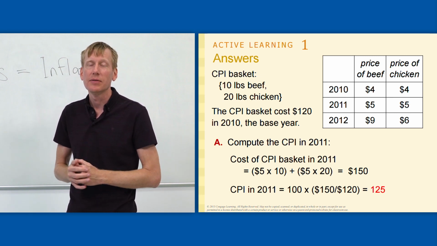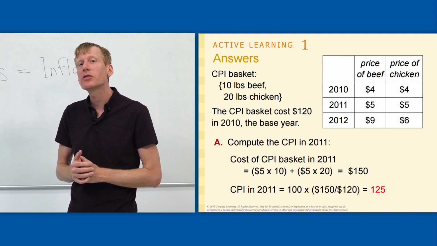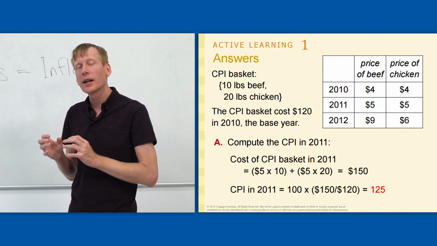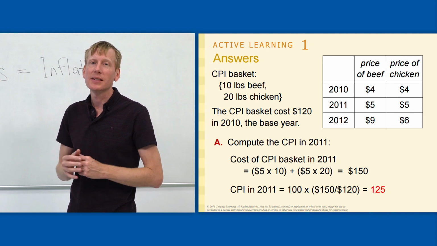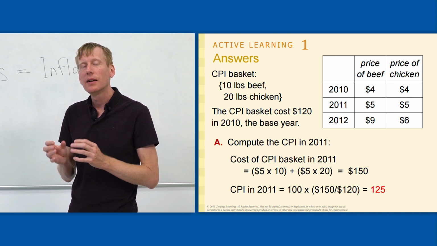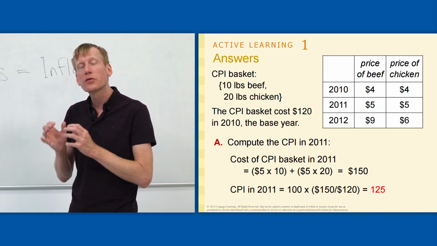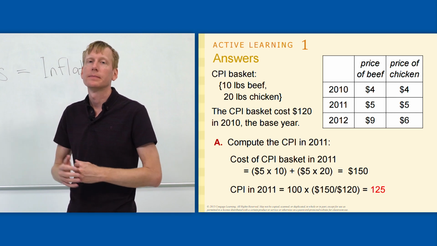30 times 5, 150. Now, to see what the inflation rate is as we go from 2010 to 2011, we need to determine what the cost of that basket was in 2010. The cost of that basket in 2010 was 4 times 10, the price of beef, plus 4 times 20, the price of chicken, 120.